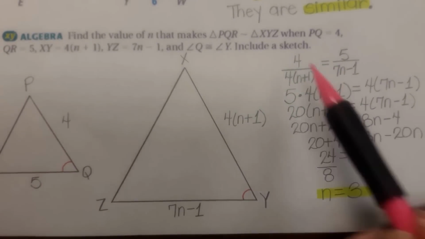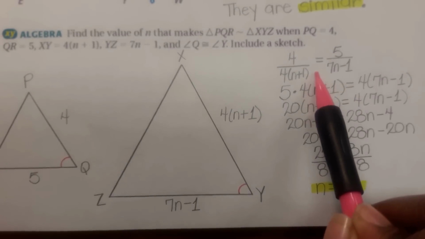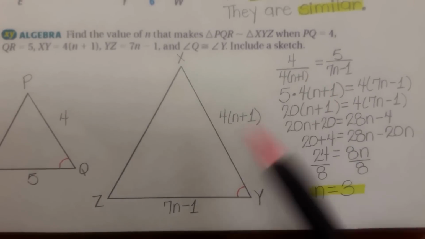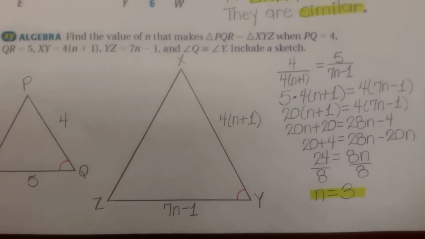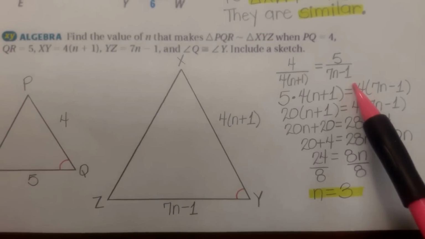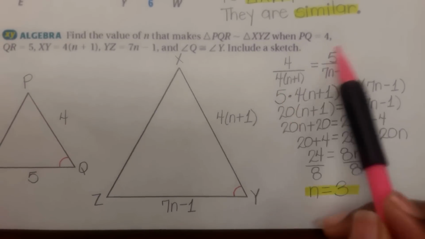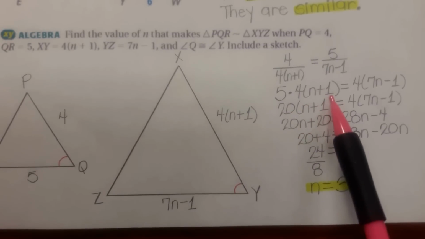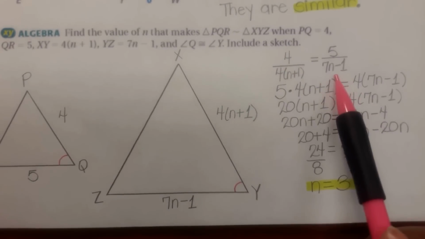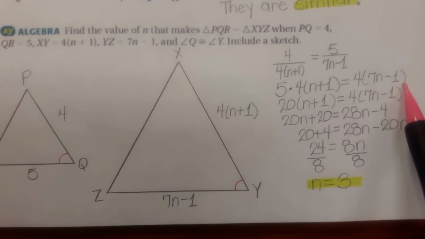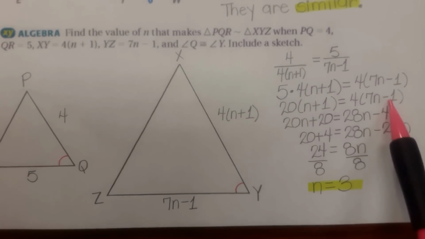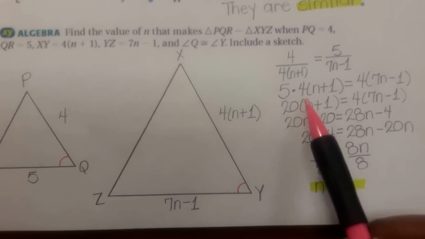All a proportion is 2 fractions with the equal sign in the middle. Okay, that's how a proportion looks. Okay, cross multiply. So when I cross multiply, I have 4 times 5 times n plus 1 equal 4 times 7n minus 1. On this next step, the only step I did was I said 5 times 4 is 20.